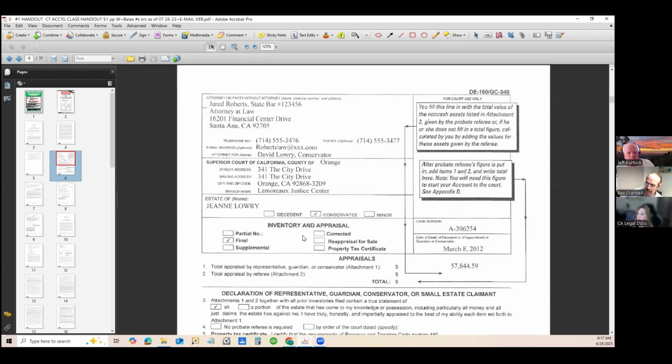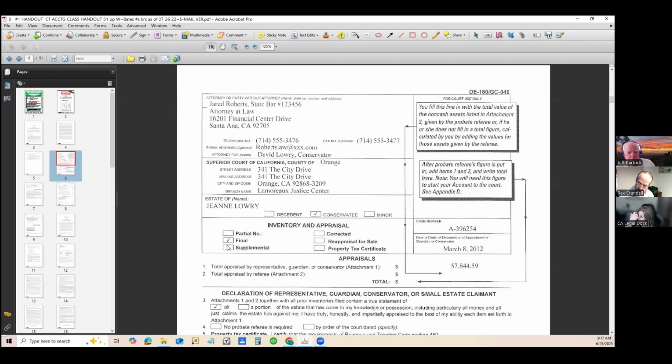Even though I get an inventory and appraisal from a client, I'm still asking questions like, are there any other assets that weren't on here? Or just to make sure it really is a complete inventory and appraisal before I get started. Now, the second box, which I'm really looking for, is that it's a final.